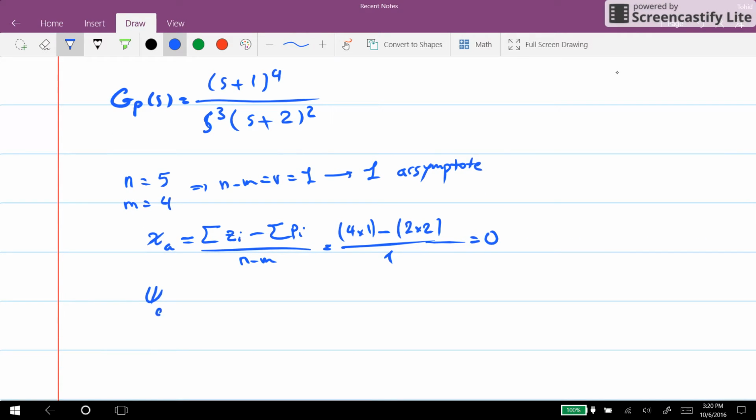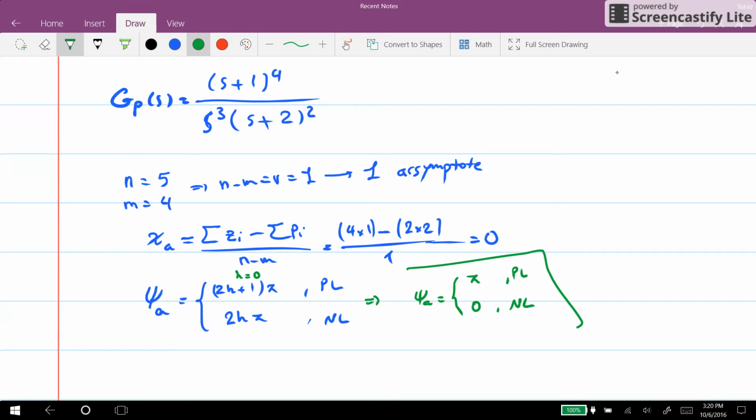For the angle of the asymptote, we have (2h plus 1) times pi for the positive locus and 2h pi for the negative locus. And here, since we have only one asymptote, h could be set to 0. And therefore, we will have the angle equal to pi for the positive locus and 0 for the negative locus. And we have xa equal to 0, as you already know.